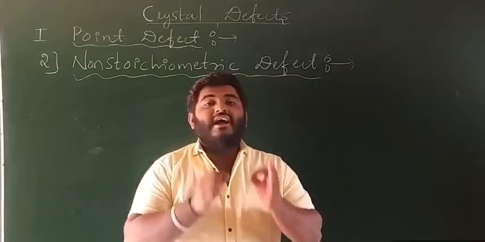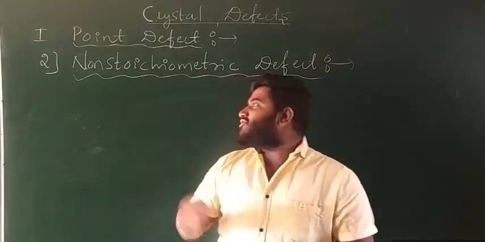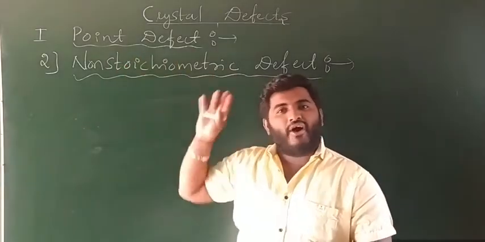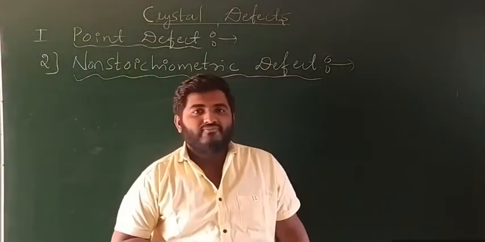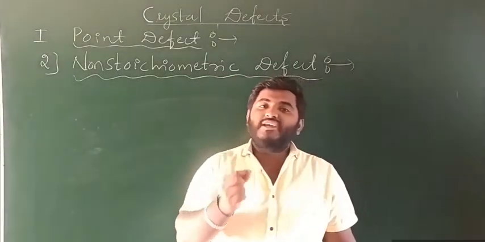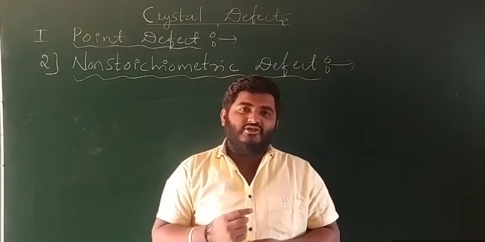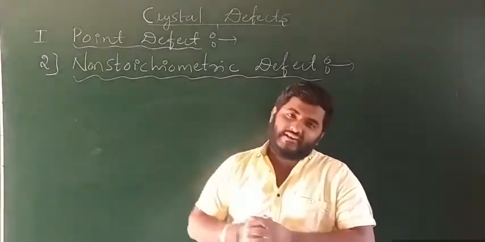That means the composition of the crystalline solid changes here. It comes under point defect itself. Point defects in which the composition of the crystalline solid changes are called non-stoichiometric defects.